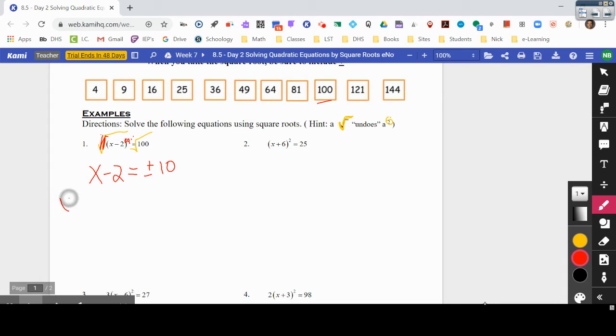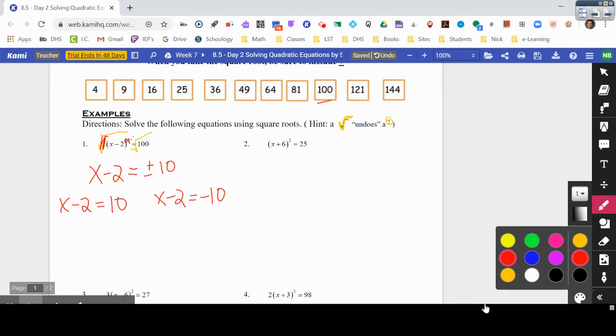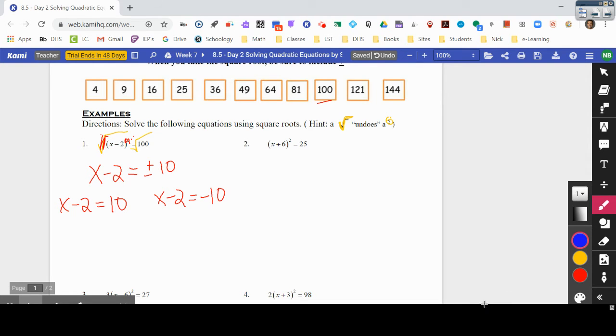This means we're going to have x minus 2 is equal to positive 10, or x minus 2 is equal to negative 10, because when I square root, it makes a plus or minus 10. So now I have to write out two separate equations. But from here, these are our one-step equations.